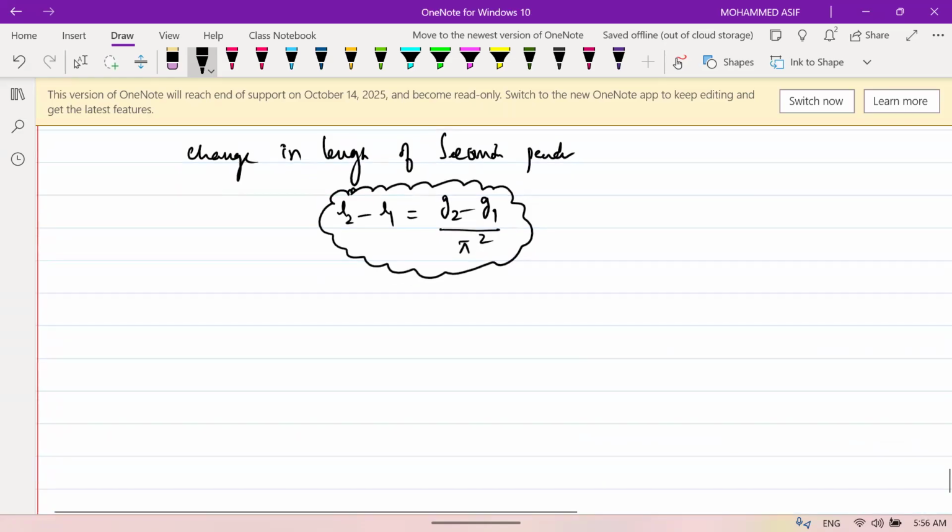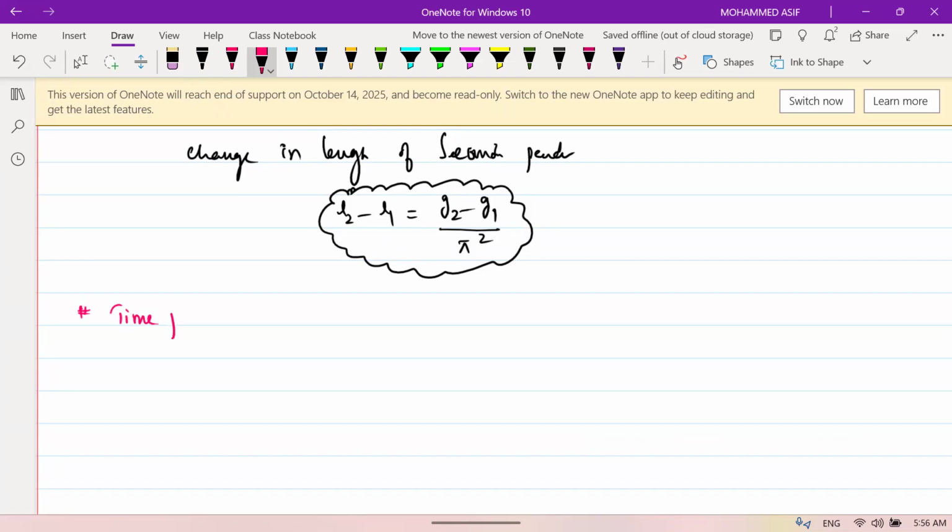One more very important formula, but I'm not deriving it, just try to remember it for doing the numericals. Time period of a very long pendulum. What is the time period of a long pendulum? Does anyone remember the formula?